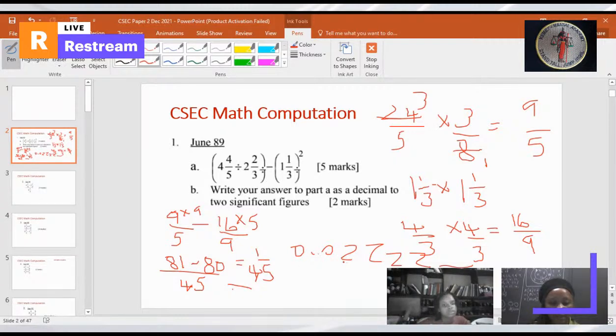So we start with this digit and that digit, right? So two significant figures. So that will be 0.022. And this is our final answer for part B. Is that what you got? All right, so everybody good with that?